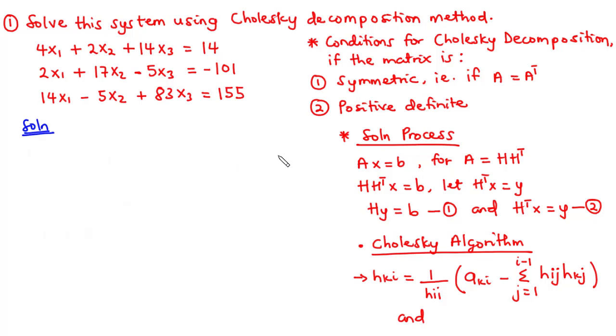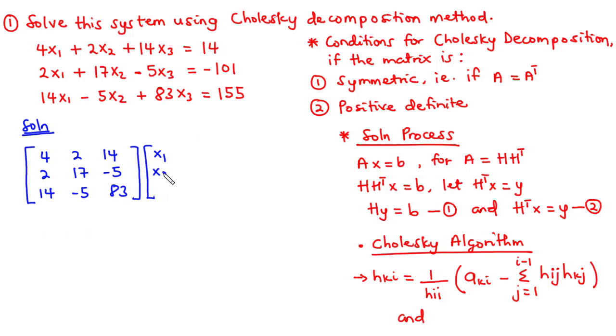So first of all, we need to represent this system in the form Ax equals b. So we have the coefficient matrix having elements 4, 2, 14, 2, 17, negative 5, 14, negative 5, 83, and then we have the column matrix containing the unknown variables x1, x2, x3, and that is equal to the constant matrix.